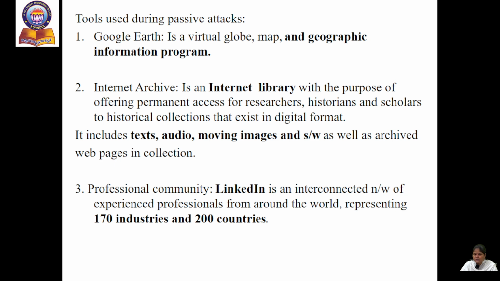LinkedIn is an interconnected network of experienced professionals from around the world, representing 170 industries and 200 countries, which helps the attacker know who is interconnected with this particular victim, so that he can go through all those profiles. He can even get more information about the victim, either by messaging them or by connecting with them and accessing some of the content written by those professionals on LinkedIn, right?